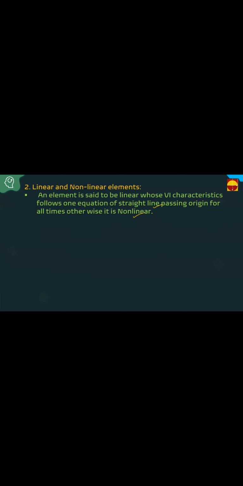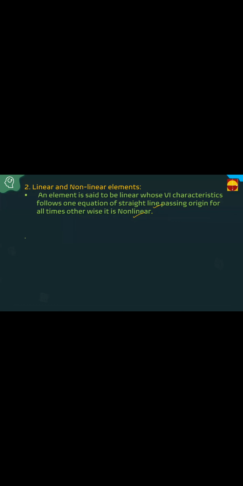Throughout time, on both sides, there must be only one equation of straight line. It does not have a change of characteristics, only one straight line on both sides, and it must pass through the origin.